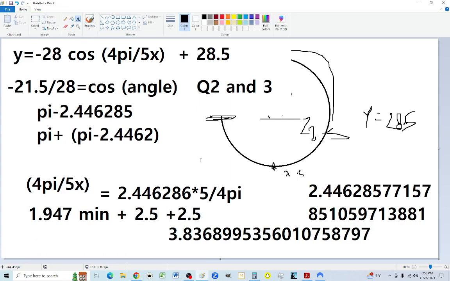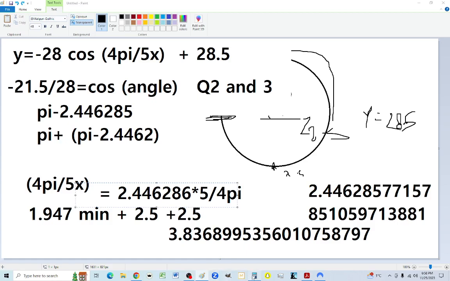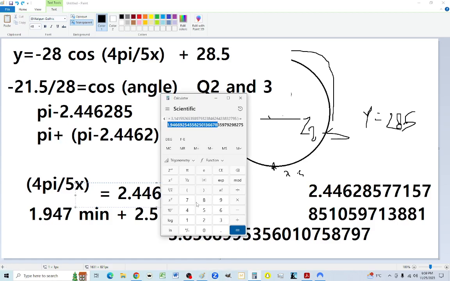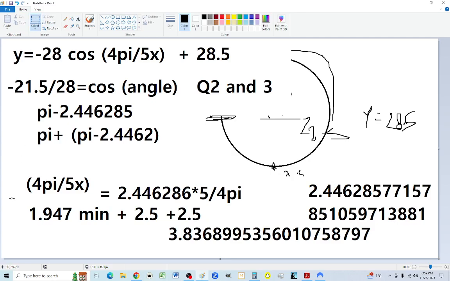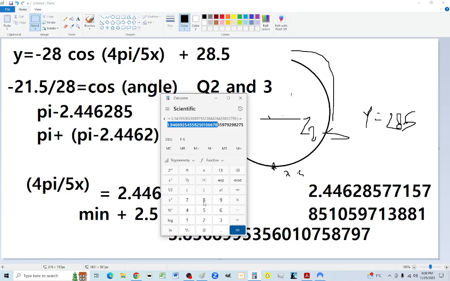Then for this 3.836899, we multiply by 5. Oh, it's divided by 4 pi. Let's try that again, so this is incorrect. We take 2.44, whatever, multiply that by 5, and divide it by open brackets 4 times pi, close brackets, equals.